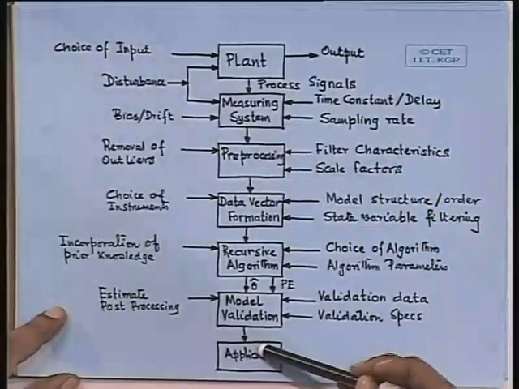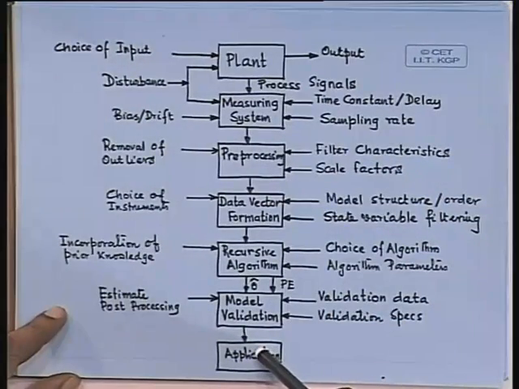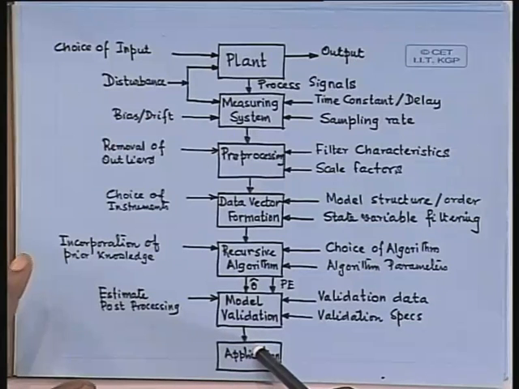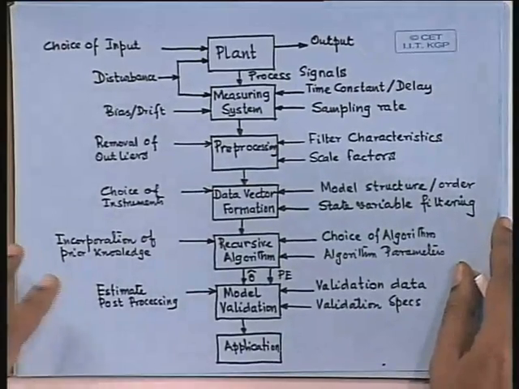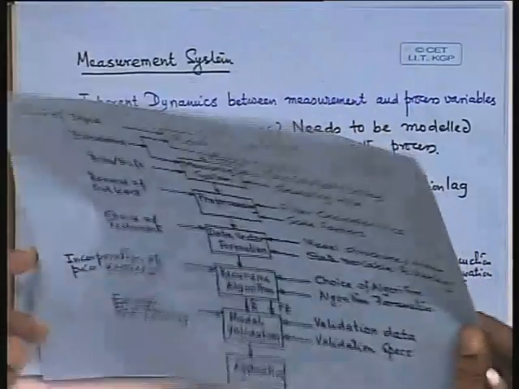You might like to do filtering over theta, because theta is continuously jittering because of noise, but in any given case, you know that the parameter cannot jitter like that. So after you have estimated the parameter, you might like to filter it. Such post processing may be needed before you finally hand it over to the application for use. So there are so many steps involved in successfully estimating a model which will serve the purpose of the application. We will now look at these in sequence.